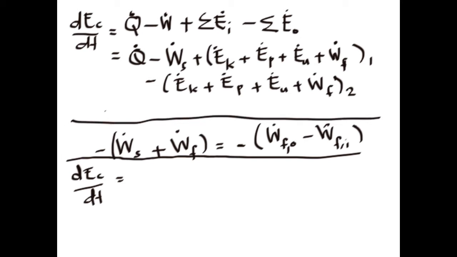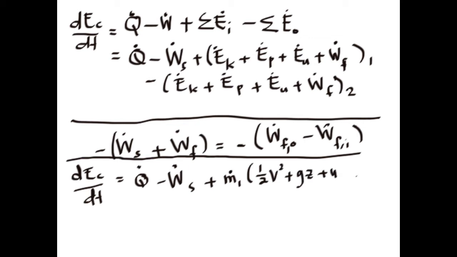From here, Q will remain, Ws. For this one you use the equation, which is m dot at the inlet times half v squared plus gz plus u, and the flow work is P divided by rho 1, which is the inlet.